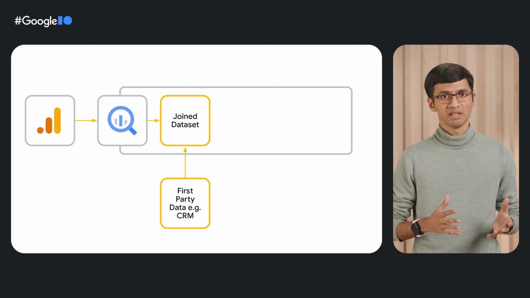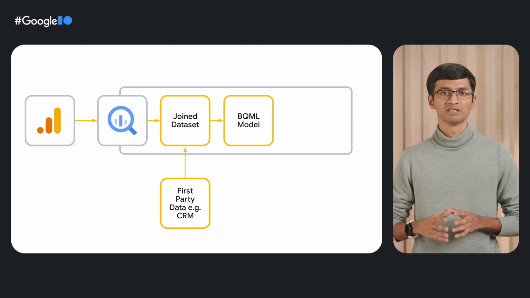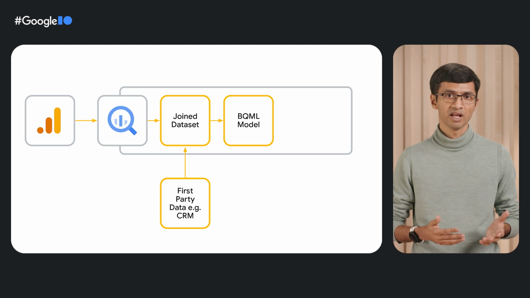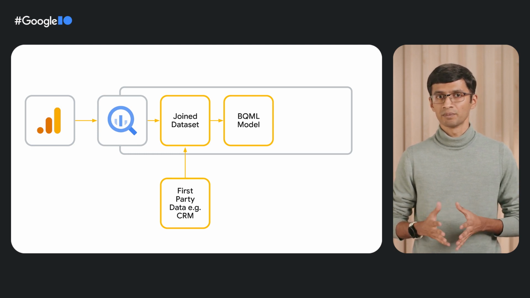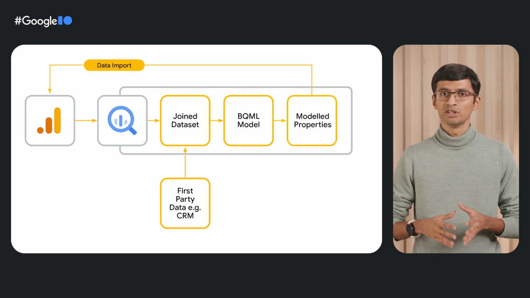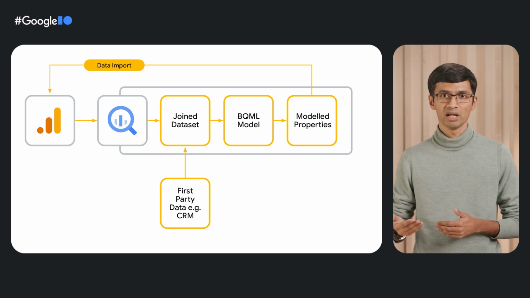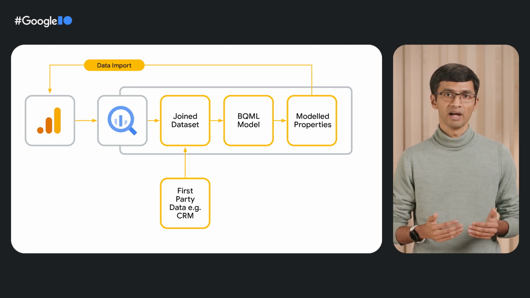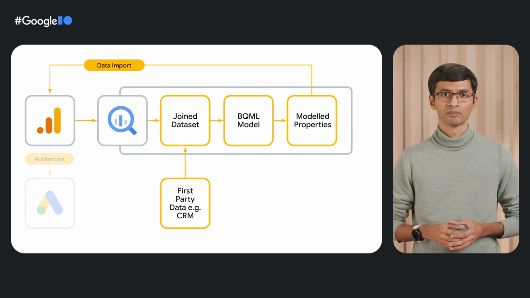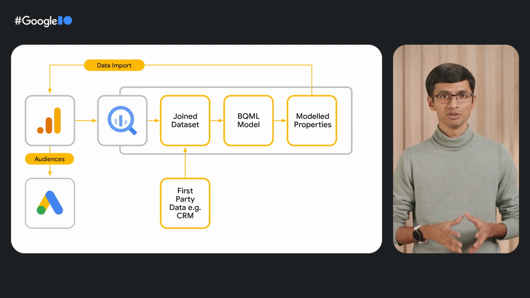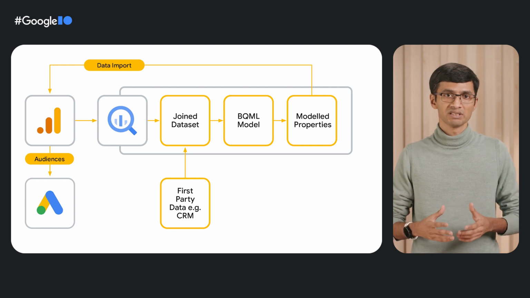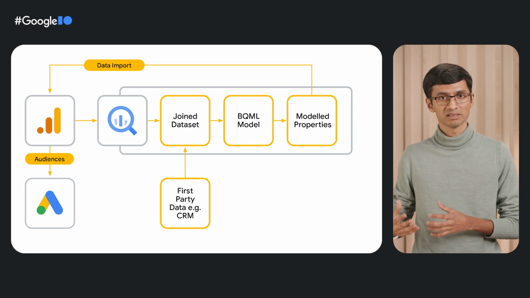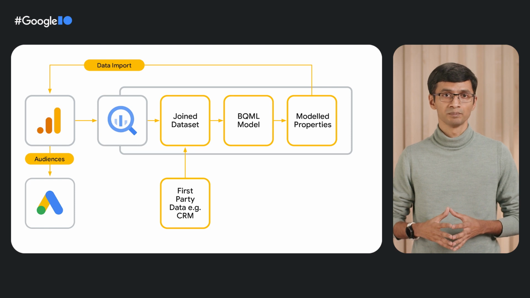The data science team then uses BigQuery ML to build specific models, including lifetime value, propensity to purchase, propensity to churn, etc. Along with the user ID, these predicted values can then be imported into GA as user properties via the data import feature. Then, Robin can use these properties to create custom audiences. The custom audiences can then be used in Google Analytics as well as in Google Ads.